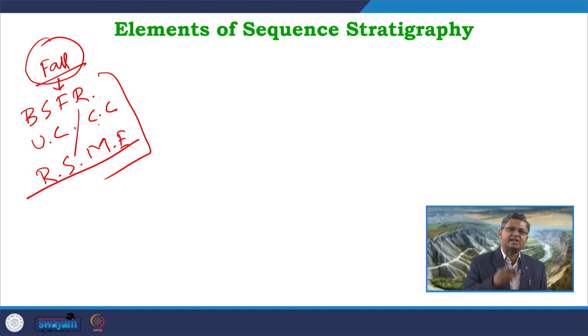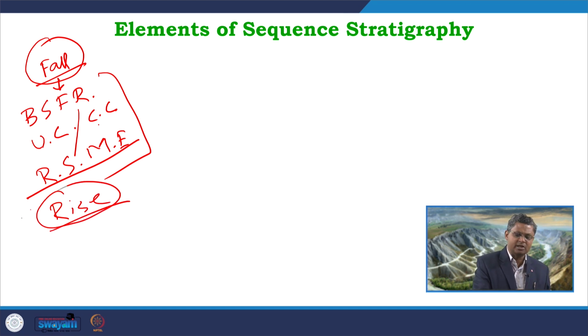We will discuss in detail in later classes the significance and nature of each of these individual surfaces, how we can identify these individual surfaces, what will be the changeover in terms of stratal stacking pattern across these surfaces. So, all these details we will discuss later on in later classes. If I talk about the surfaces which are associated with the rising phase of the base level, what are the surfaces that we commonly get?